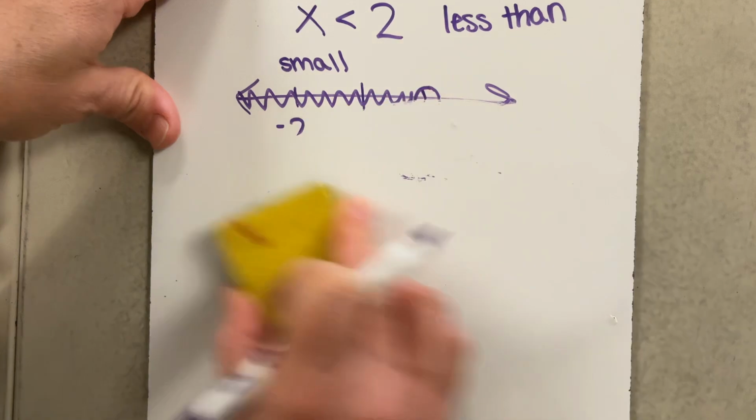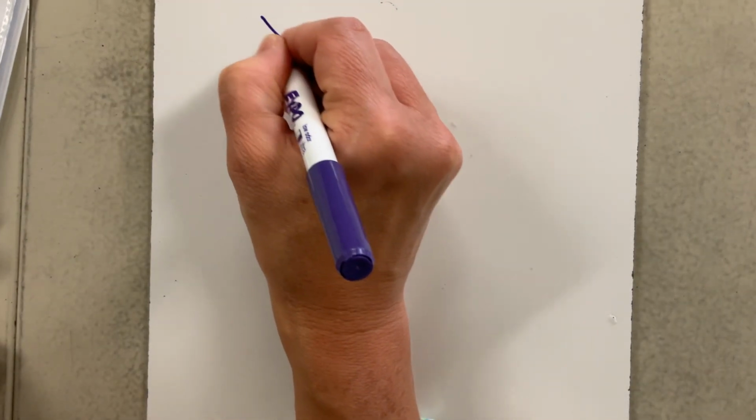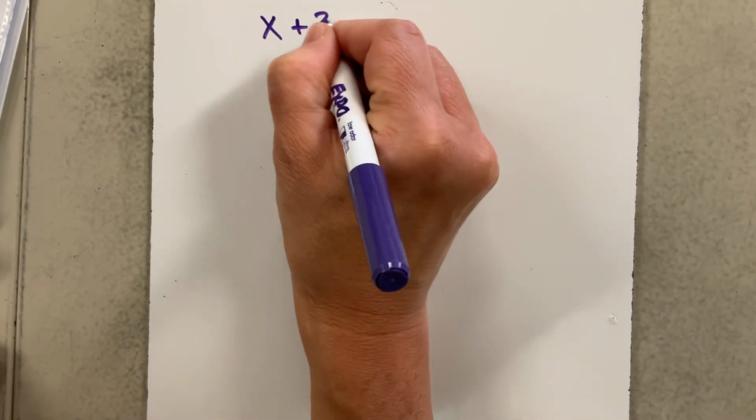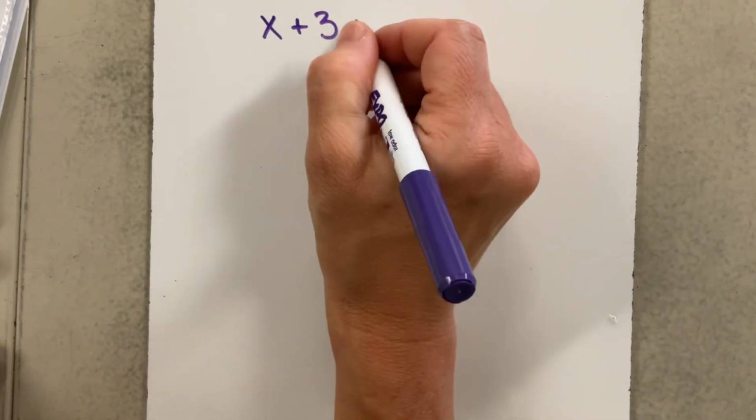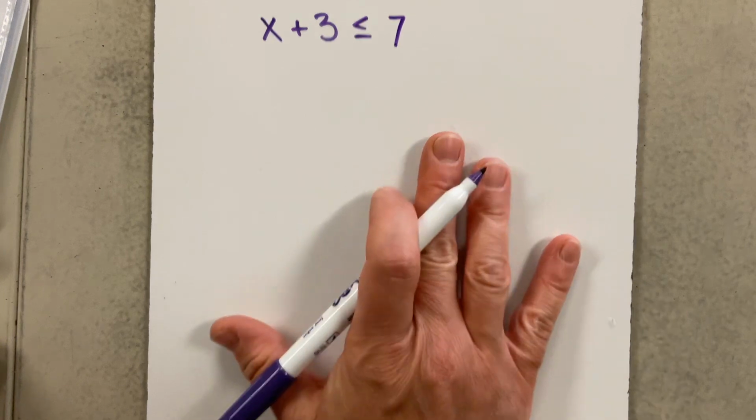Now, with that, we are going to solve equations like we've been doing. So we're going to continue with the methods we've done in the previous topic, but this time they have inequalities. For instance, x plus 3 is, let's do less than or equal to 7.